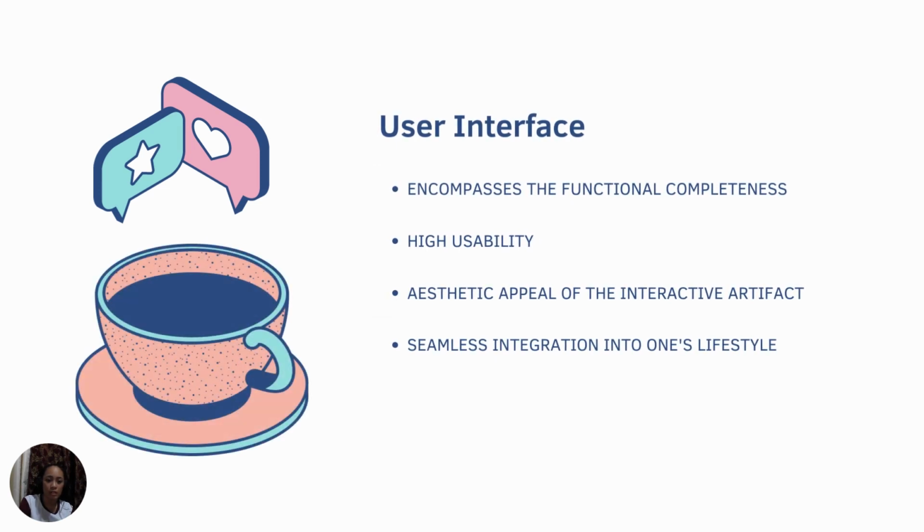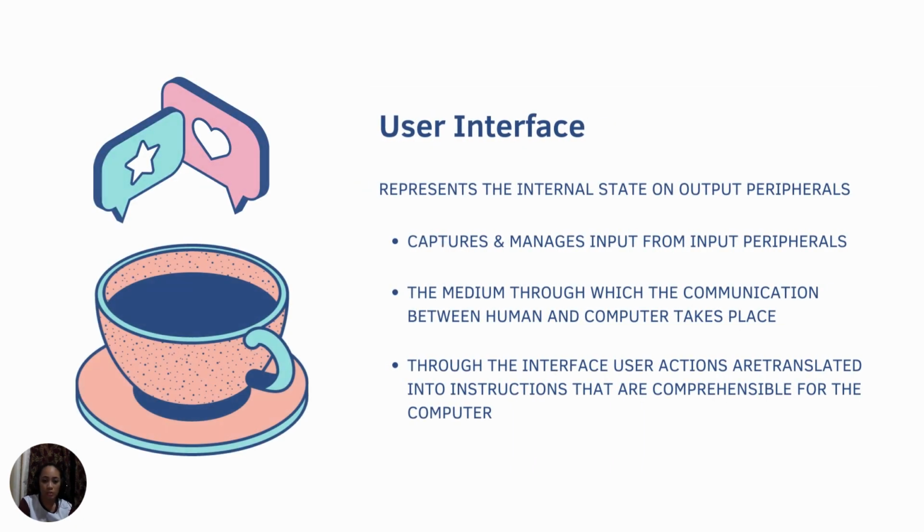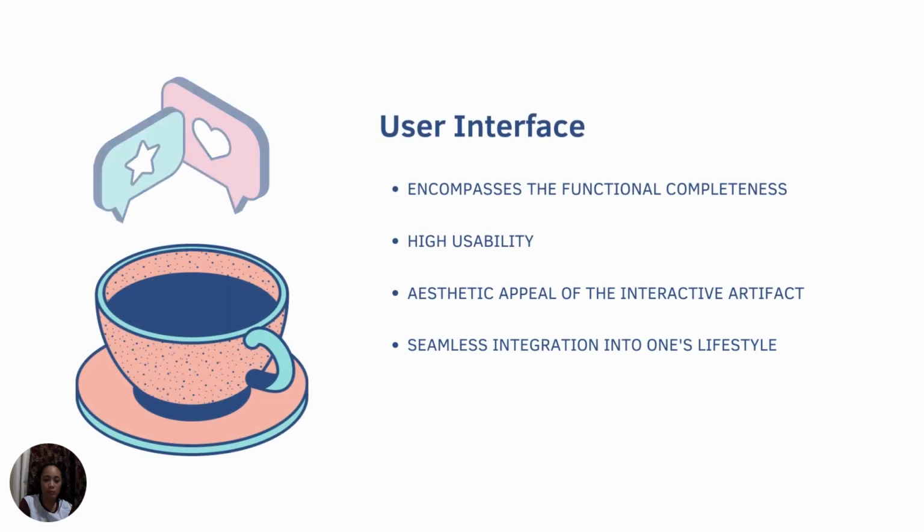It also encompasses the functional completeness, high usability, aesthetic appeal of the interactive artifact, and seamless integration into one's lifestyle. One example I can think of is our cell phones. Everything appeals to what it represents, what I have mentioned.